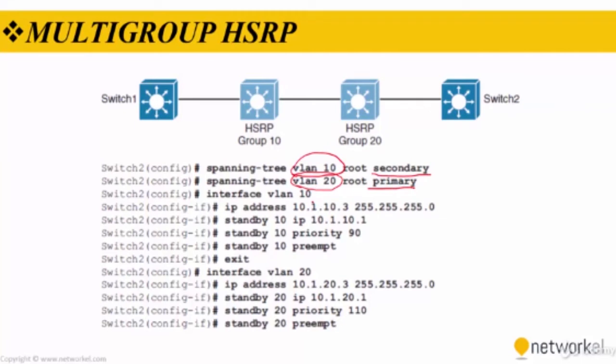Then I'm getting under the interface VLAN, for example, interface VLAN 10. I'm attaching a lower priority for VLAN 10 and higher priority for VLAN 20, which means this is gonna be active for VLAN 20 and this is gonna be in standby mode for VLAN 10.